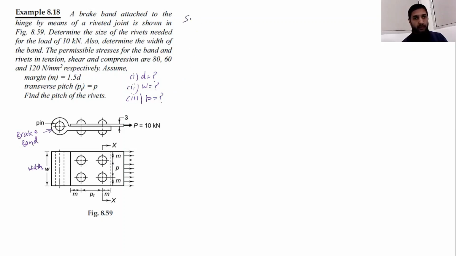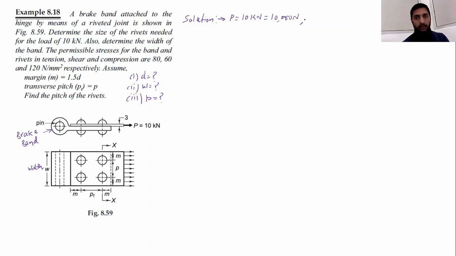So let me provide you the solution now, how we will solve this question. First of all, the given conditions: we have a tensile force which is given to us as 10 kilonewton, which we can say 10,000 Newton. Convert all the units in Newton mm. After that we have P. After P we have all the permissible stresses.